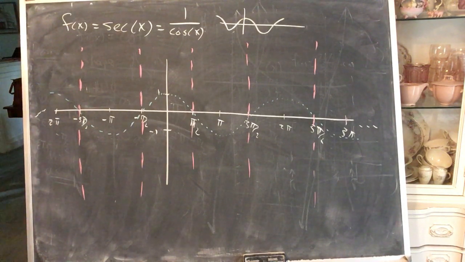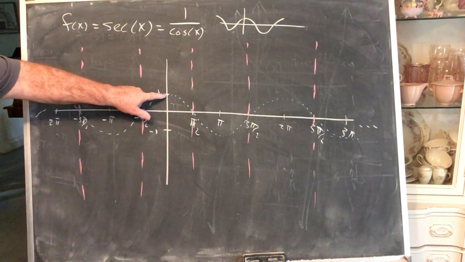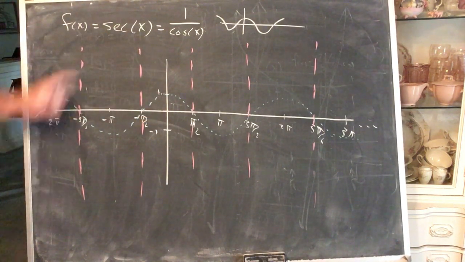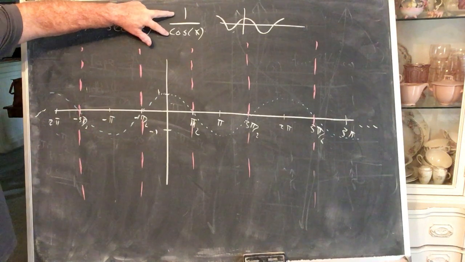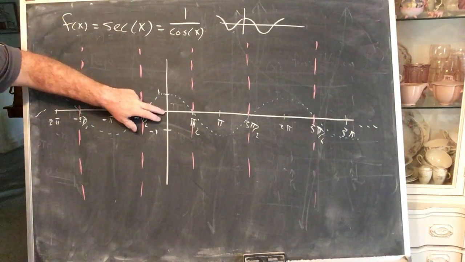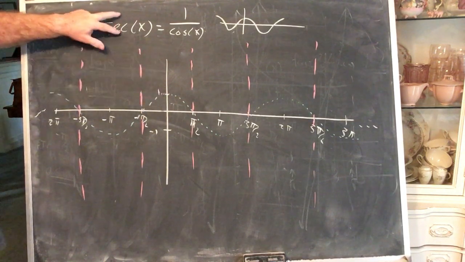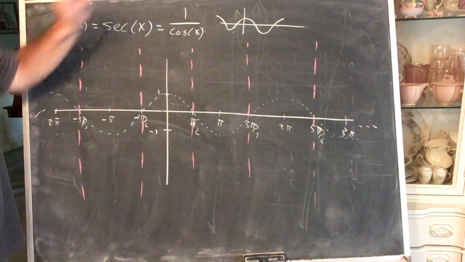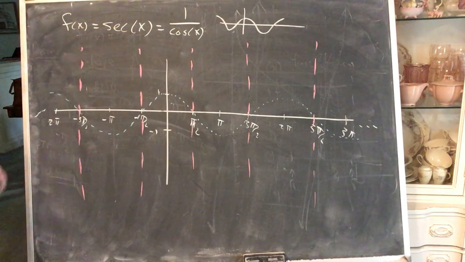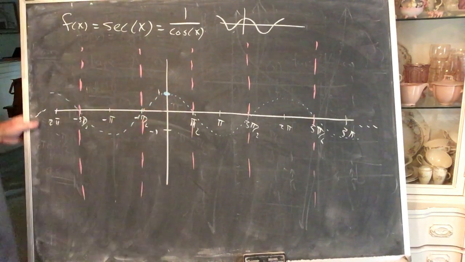All right? At 0, cosine is 1. The question is, what is secant at 0? Well, secant is the reciprocal of the cosine value. So if cosine at 0 is 1, secant of 0 is the reciprocal of 1. But we know what the reciprocal of 1 is. The reciprocal of 1 is 1.